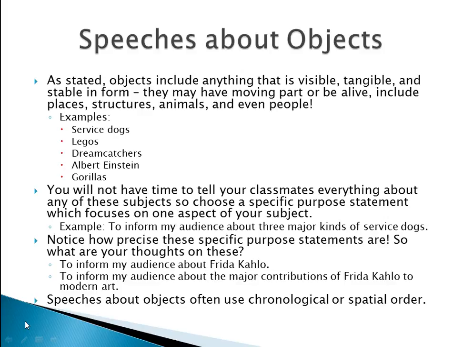Examples of informative speeches about objects could be an informative speech that discusses service dogs, Legos, dream catchers, Albert Einstein, gorillas. I'm going to go into this a lot further so you understand it a little bit better, but these would be examples of an informative speech that is a speech about objects.